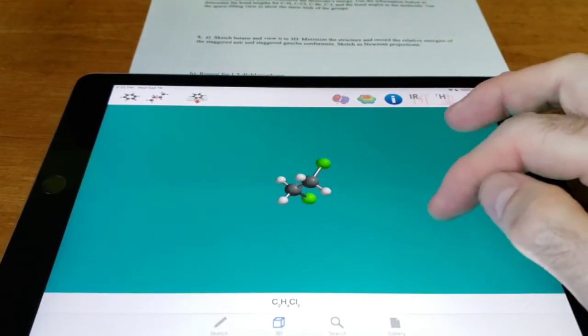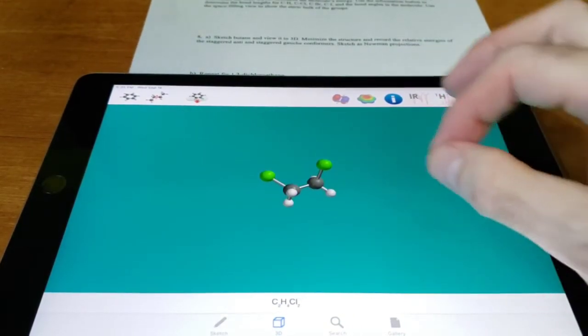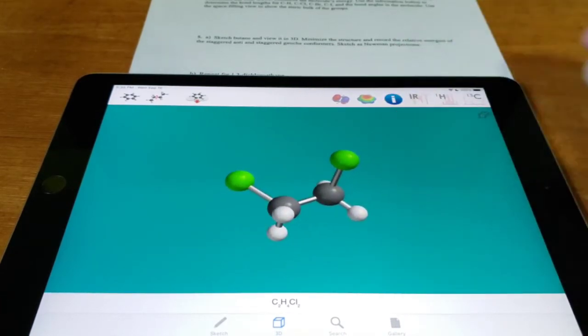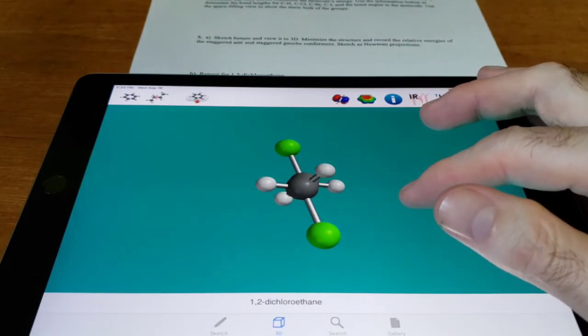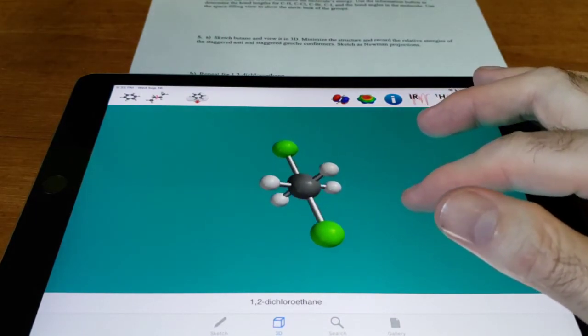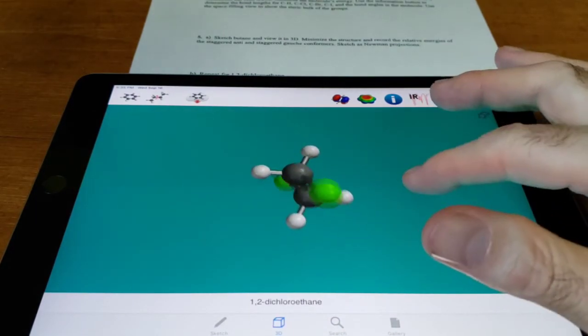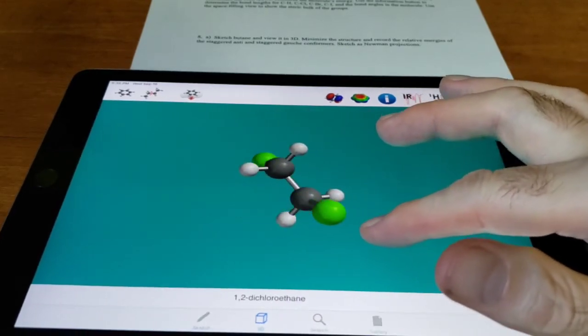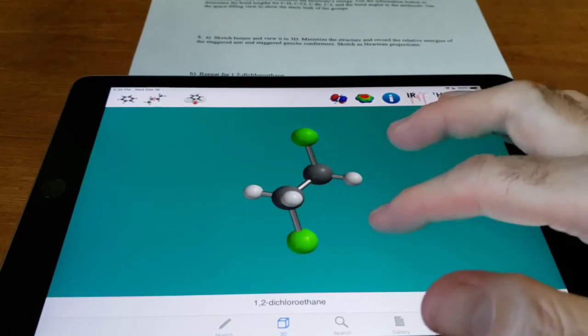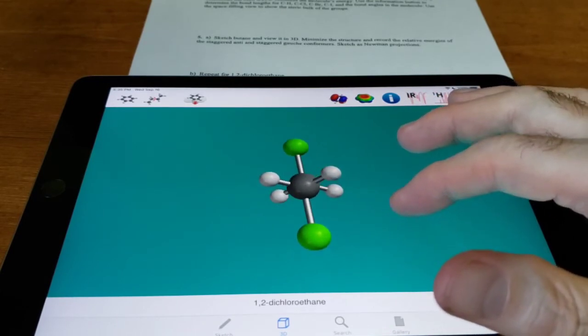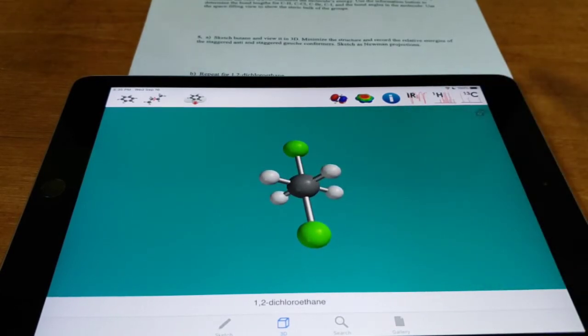Just going to let the computer do this for me. Okay, so here is the molecule that it has come up with. Going to energy minimize that, and it automatically has made this 1,2-dichloroethane adopt the staggered anti conformation.